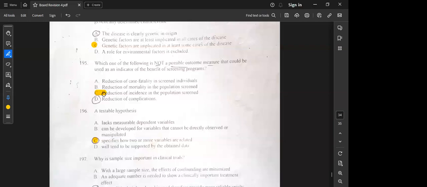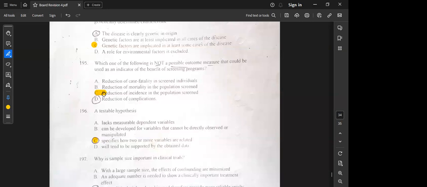Yeah, it does. If you know you're at a higher risk, then you tell that patient who is being screened that you have to reduce or stop smoking. So that would reduce the incidence in the population, right? Yeah, that's how I thought of it.